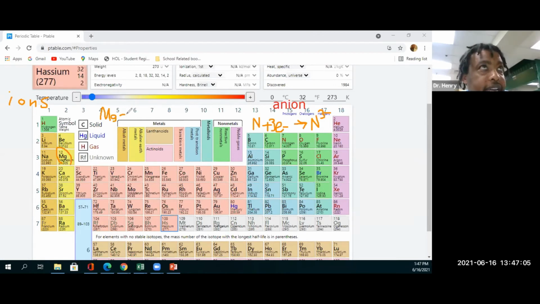So the way we would write that chemically, we'd write Mg 2 plus plus 2 electrons.